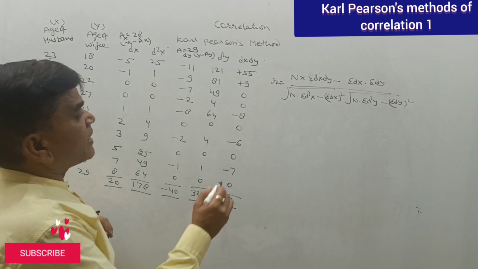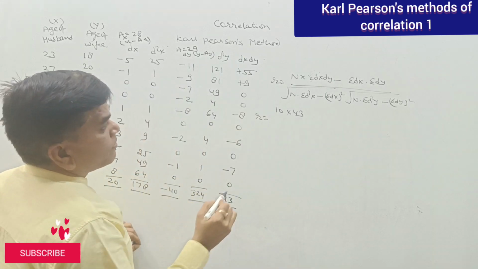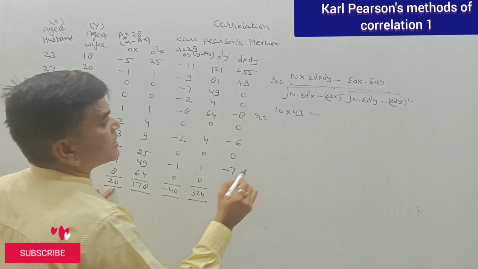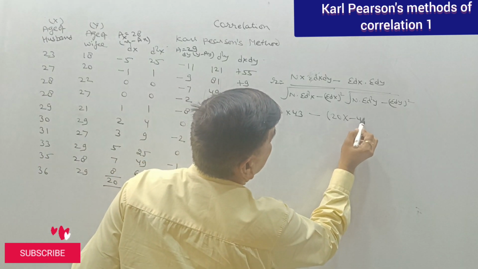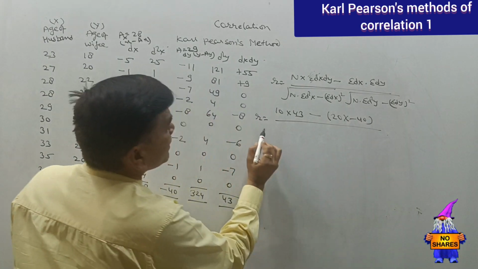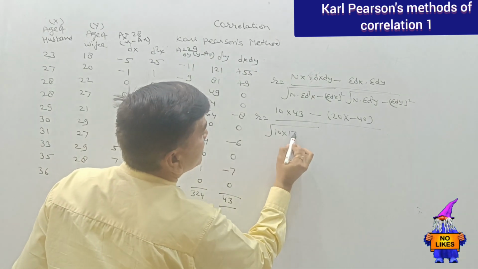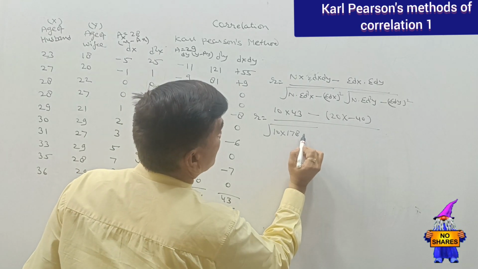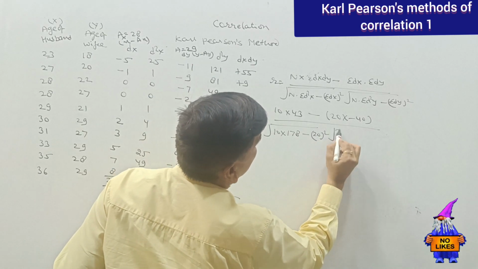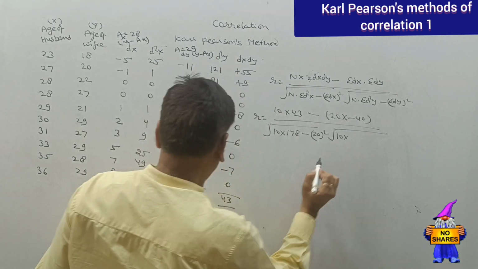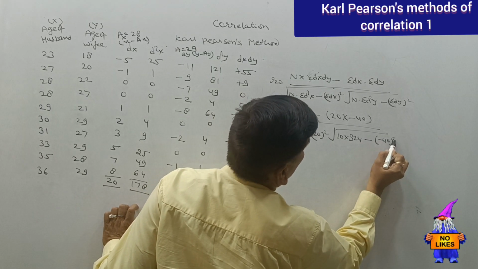The value of n is 10, so 10 multiplied by 43 minus the value of sigma dx, which is 20, times the value of sigma dy, which is minus 40, divided by, in the first, the root of 10 multiplied by 178 minus 20 raised to power 2, and in the second, the root of 10 multiplied by 324 minus 40 raised to power 2.